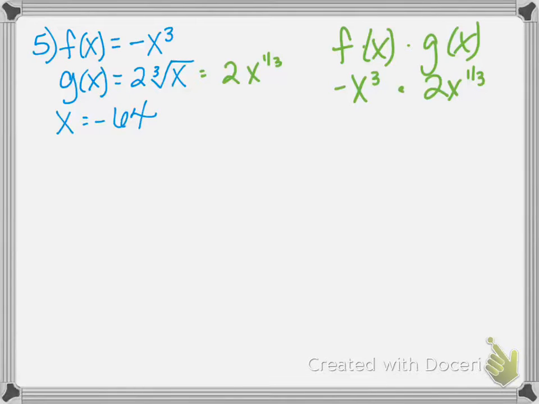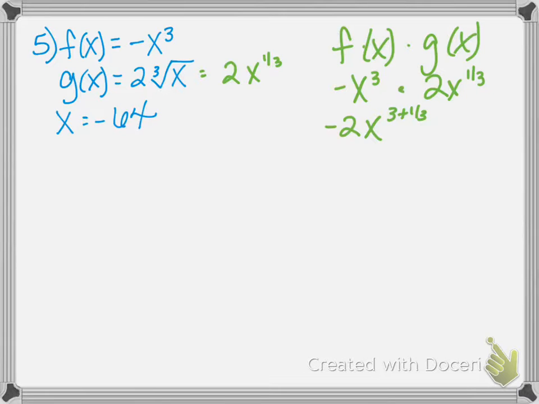All right, so with this one, you're going to go ahead and multiply your coefficients, which in this case is negative 1 and 2, so that gives you negative 2. And then you're going to multiply your variables or with your bases, and remember your bases are the same, so you're going to add your exponents. Okay, if you type this into your calculator, you're going to get 3.3333333.